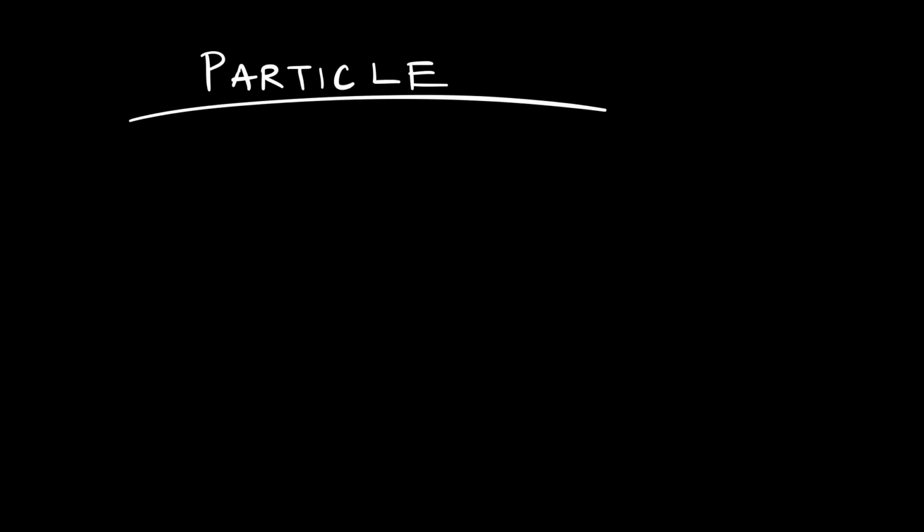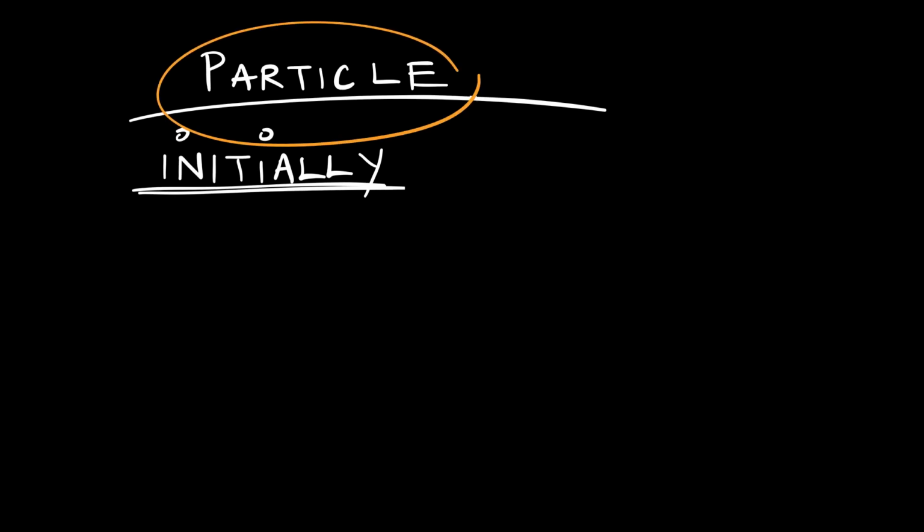Let me use some words and phrases that apply to a particle. A particle is initially at a particular point. So this is the word that I'm emphasizing on, initially. When it says a particle is initially at a point, that means this is the beginning of the journey, so time t is equals to 0.